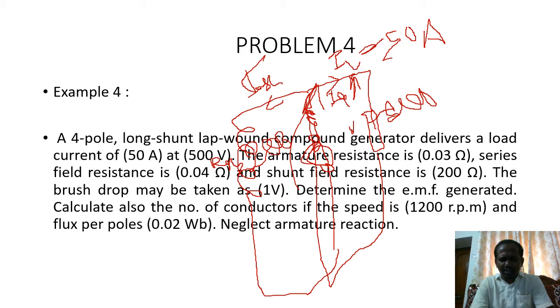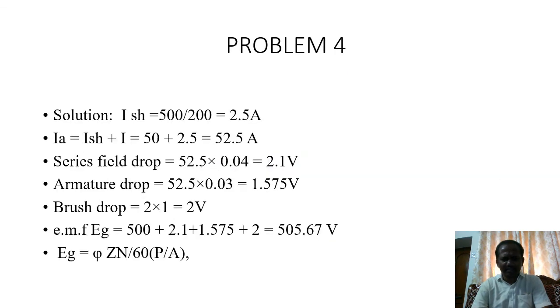With these equations, you can calculate the EMF, and similarly you can calculate the number of conductors by using the equation E is equal to pi Zn by 60 into P by A. Write all these equations and substitute the values, and you will get the generated EMF. Next we are going to see the next slide.